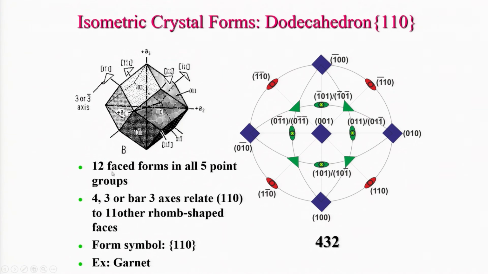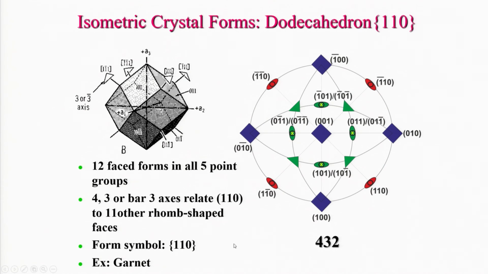Dodecahedron is a 12 faced form and it is present in all the 5 point groups of symmetry in the isometric crystal system here. And here 4, 3 or bar 3 axes will relate 1 1 0 to another rhomb shaped face here. And the mineral where this dodecahedron is best developed is the crystal garnet.